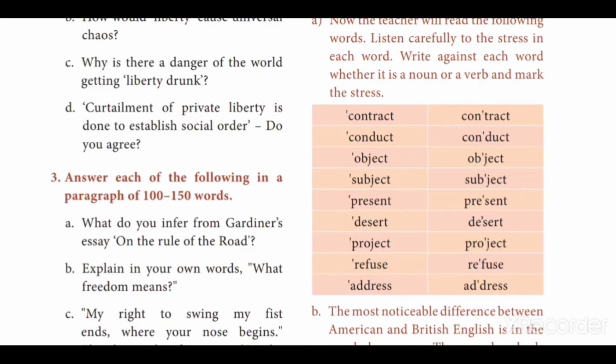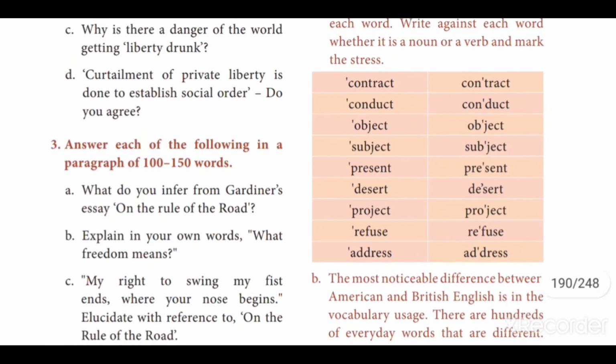Present, present. Desert, desert. Project, project. Refuse, refuse. Address, address. And these are the differences in their pronunciation and stress, and we are moving down to notation B.